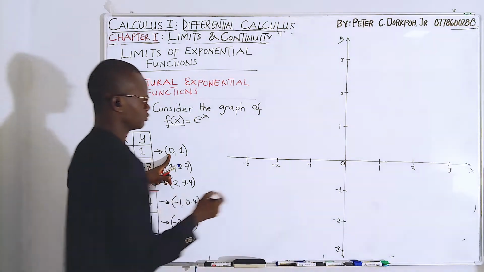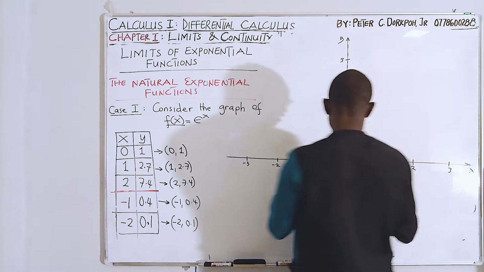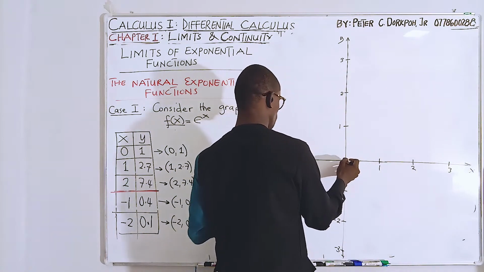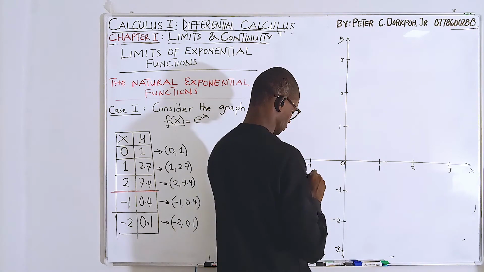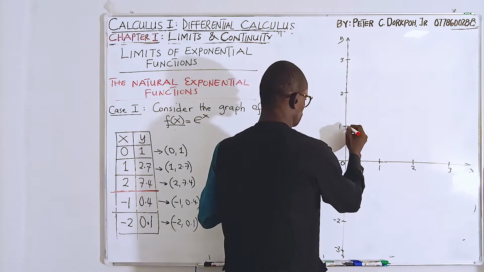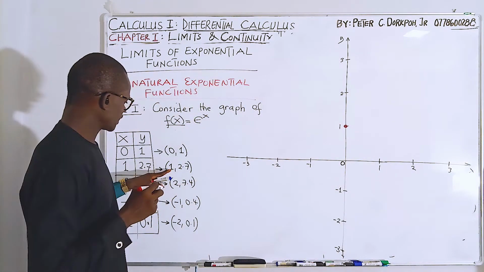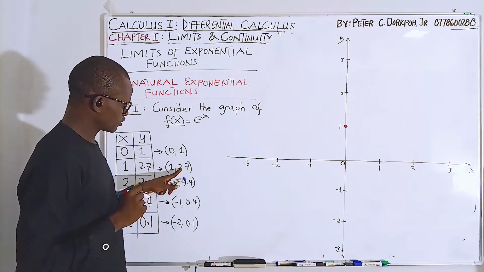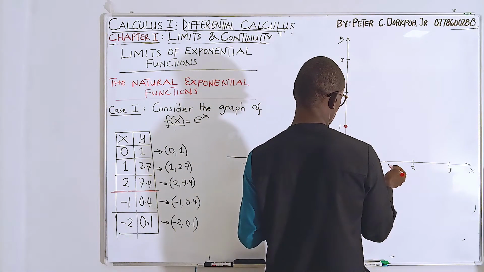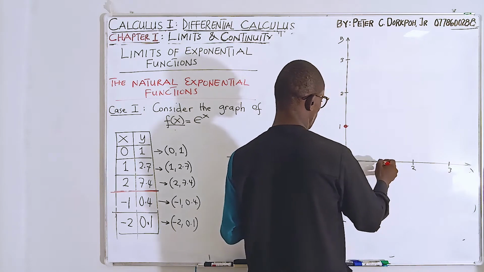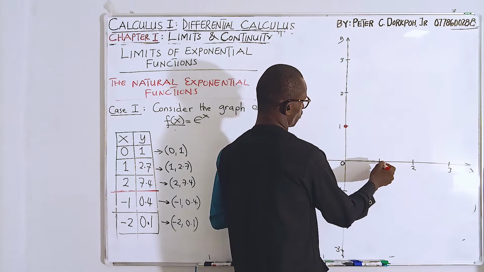So when x is 0, y is 1. You move in the y direction 1 unit, so we have 1 right here. The next one, when x is 1, we have y to be 2.7.